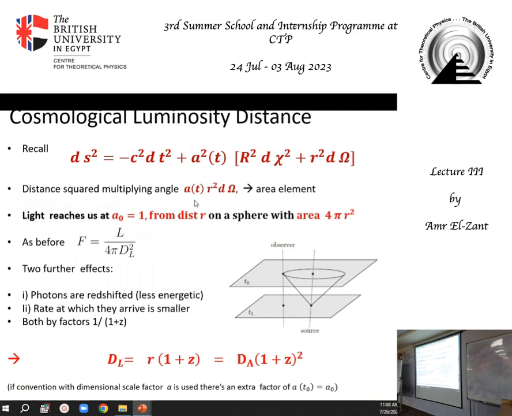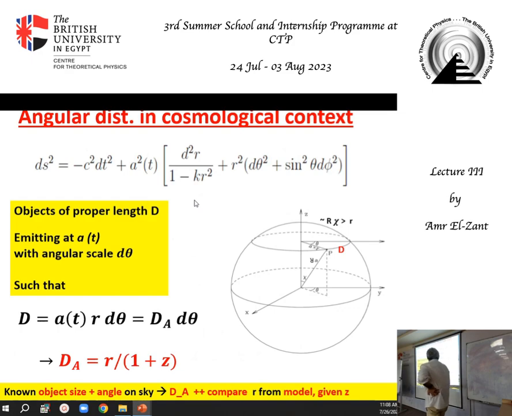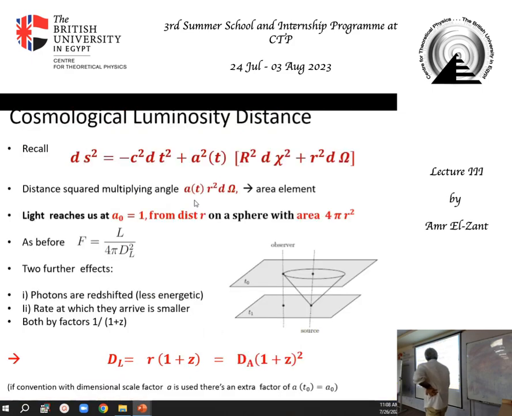The rate arriving is less because you're moving away from it. So it's another 1 over 1 plus z. So 1 over 1 plus z squared, so d_L becomes r, the radial coordinate, times 1 plus z. So it's 1 plus z squared times d_A, the angular diameter distance. This thing. All right?